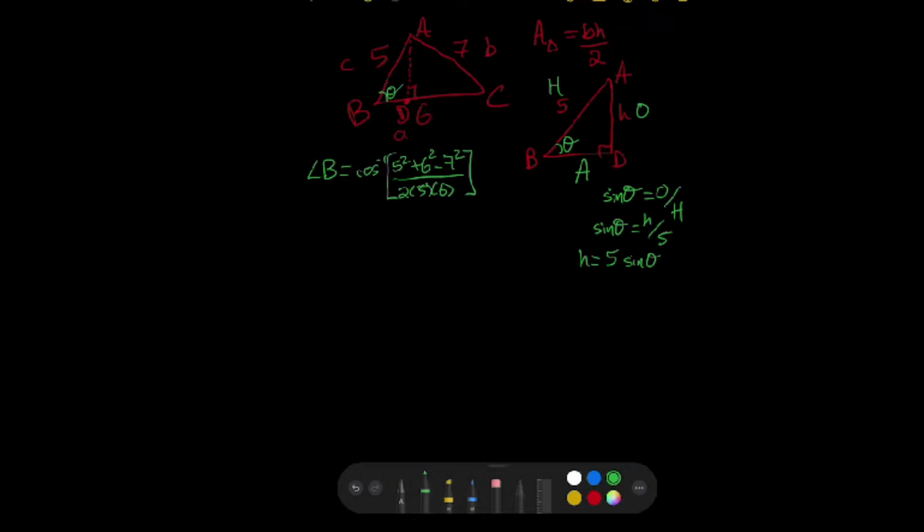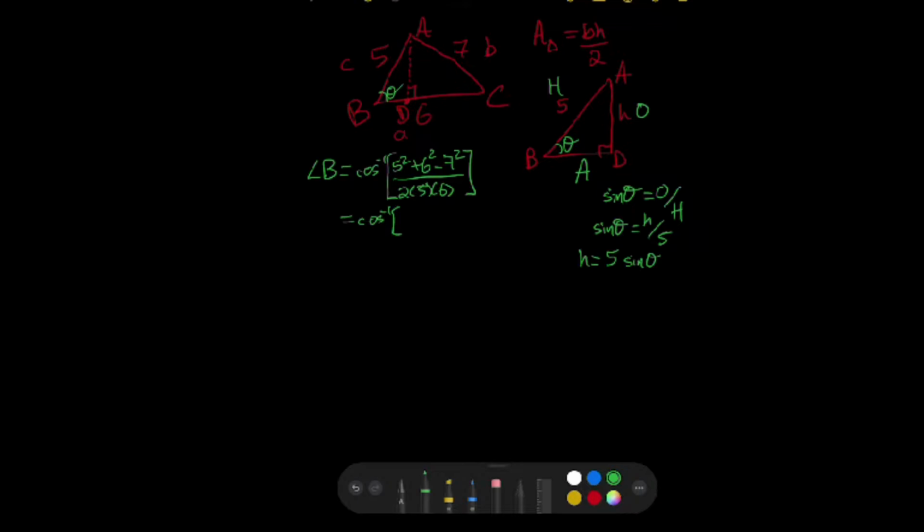And if I go through and do that calculation, cosine inverse of 12 over 60, and we can reduce that, although I don't really need to, and that angle is going to be approximately equal to 78.5 degrees.